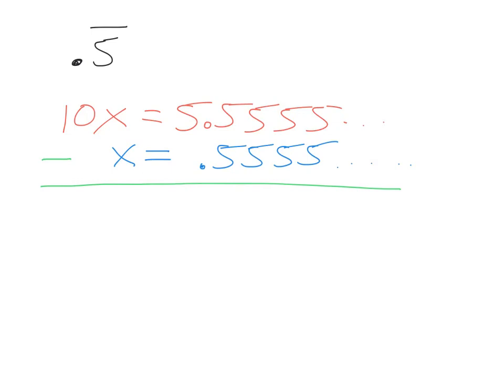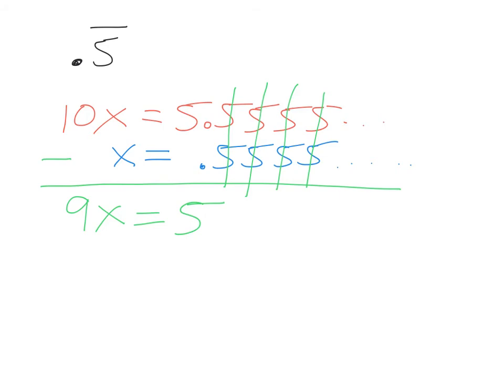If I have 10 x's and I take one x away, what am I left with? There you go. I'm left with 9x. When I do it on the other side of the equations, I have 5.55555 and 0.55555, 5 minus 5 is 0, 0, 0, 0. So all I'm left with is 5.